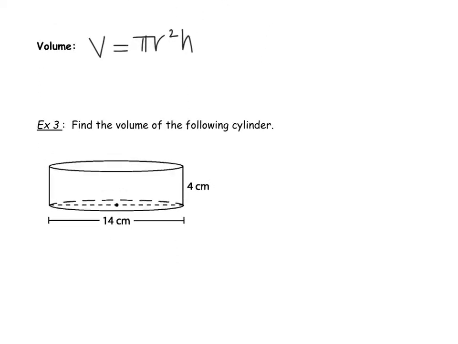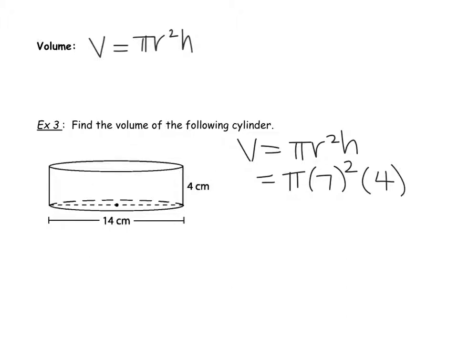So go ahead and use this in an example. We want to find the volume of our cylinder. So we use pi r squared h. Similarly, we're given the diameter is 14, so that means that our radius is 7. So pi times 7 squared, and then our height is 4.